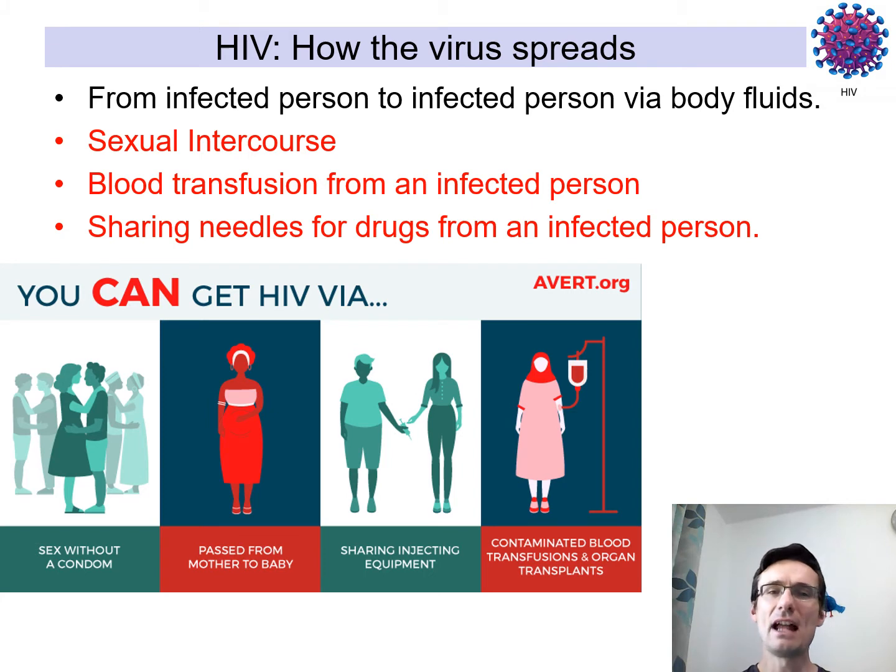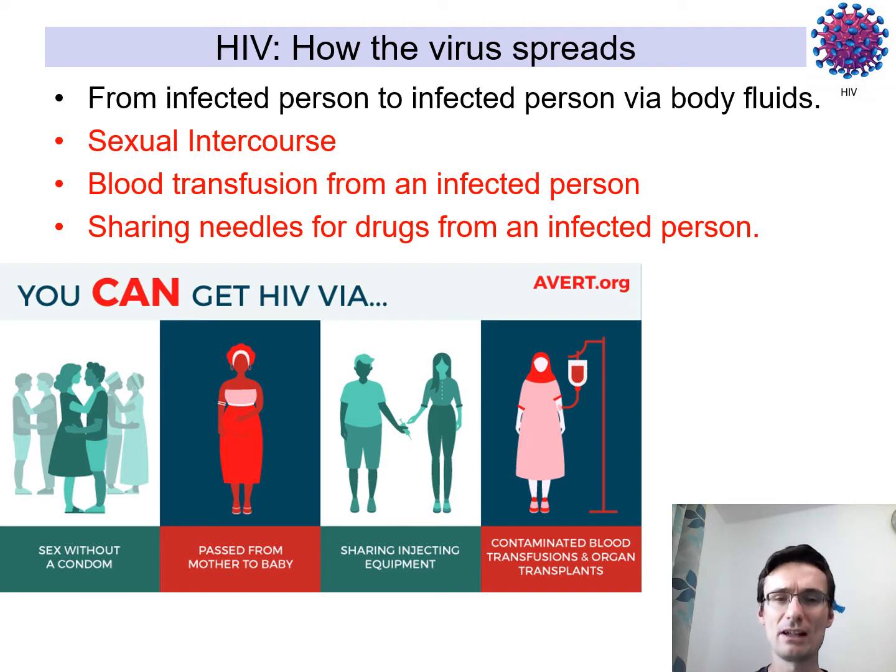So HIV then, how does the virus spread? Well, as you know, it only spreads from person to person. If you're infected, obviously you can pass it to other people via unprotected sexual intercourse, by blood transfusions from an infected person, or if you're sharing needles when taking drugs.